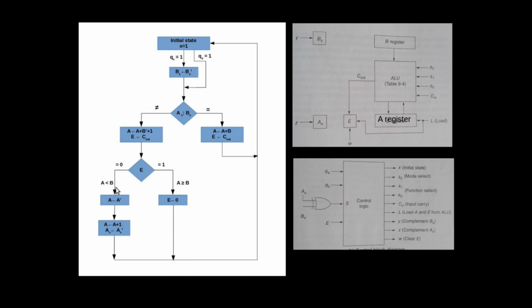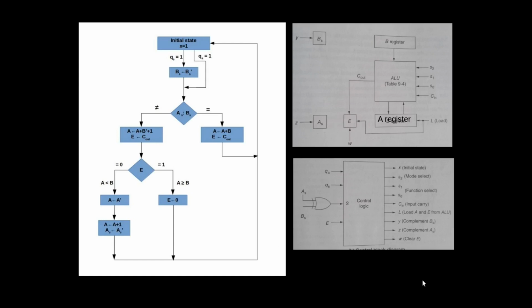In that case, the result in the A register is not in the correct form. It will be in negative form, but we are using sign magnitude for the entire representation, so we have to make this a positive one. For that purpose, we find the 2's complement of this result and then complement the sign bit.